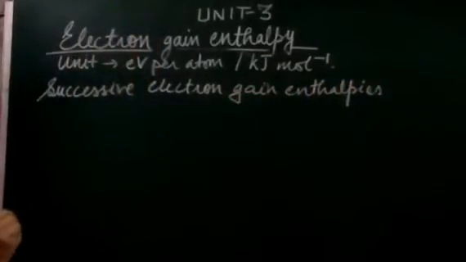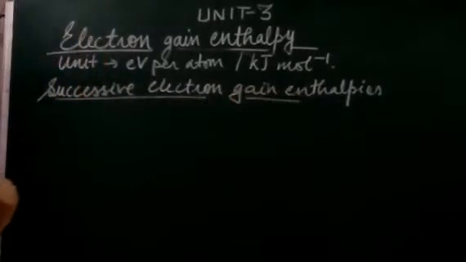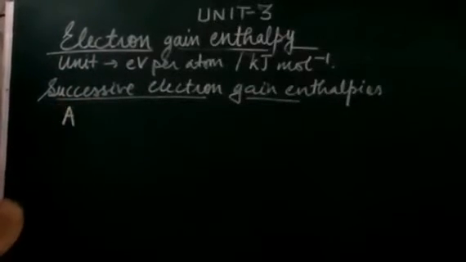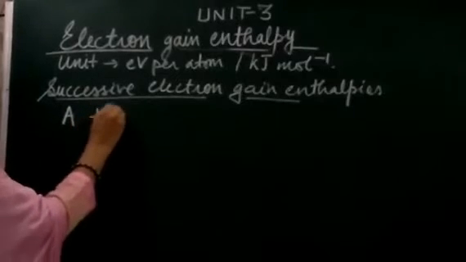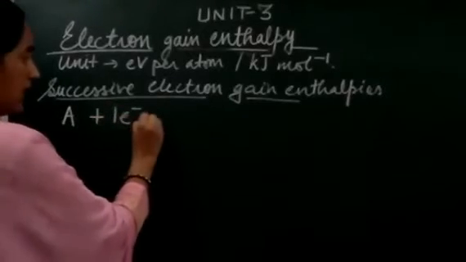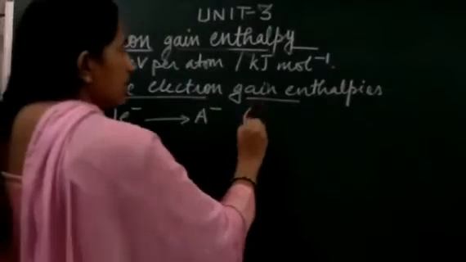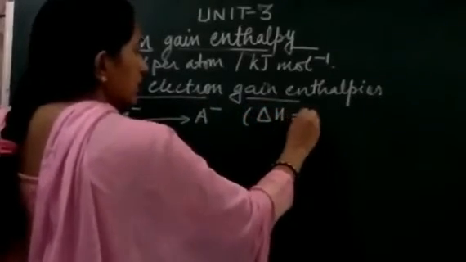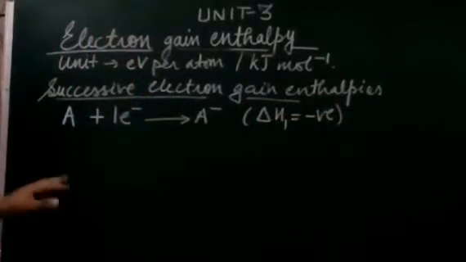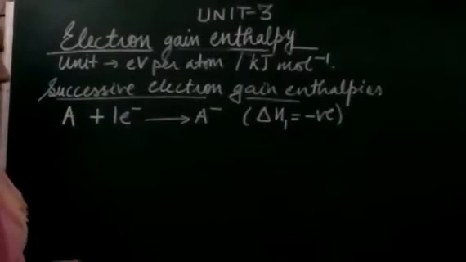Let us take an example first. Suppose this is an A atom. It has a tendency to accept an electron and forms a negative ion. So here the delta H is negative. We have taken it as 1, and it has a tendency to accept the electron, so its delta H is negative.